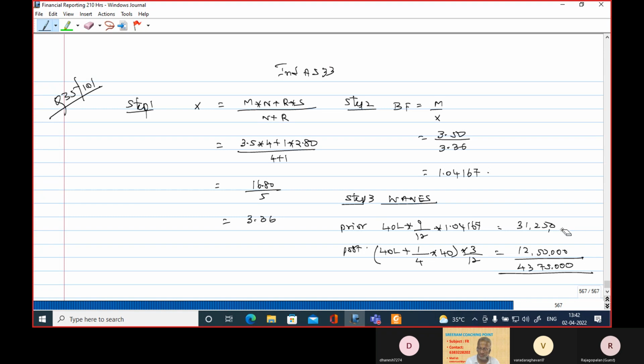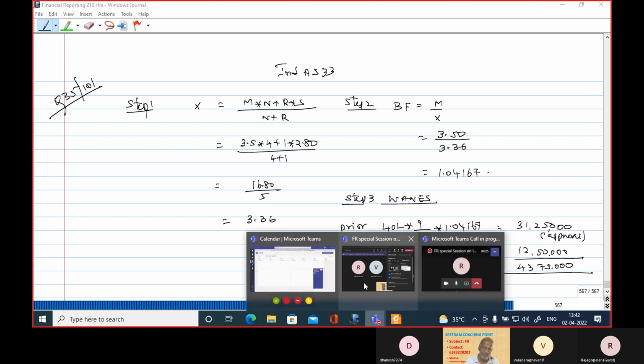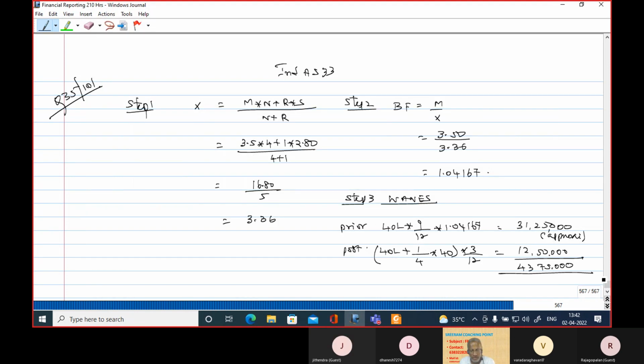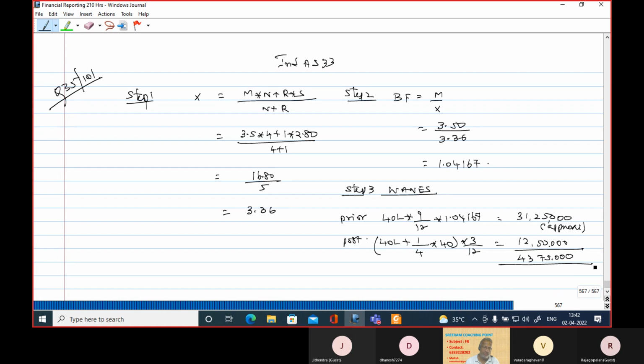I'm rounding it off because they are only doing approximation. So the weighted average number of equity shares is 43 lakhs 75,000. This is for the current year.